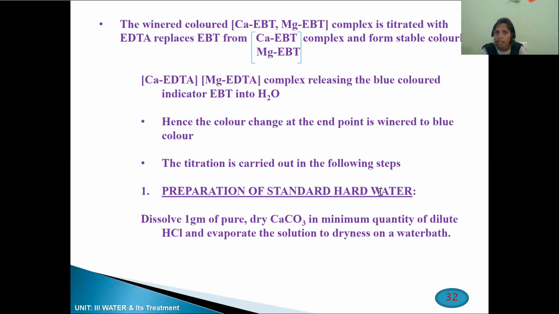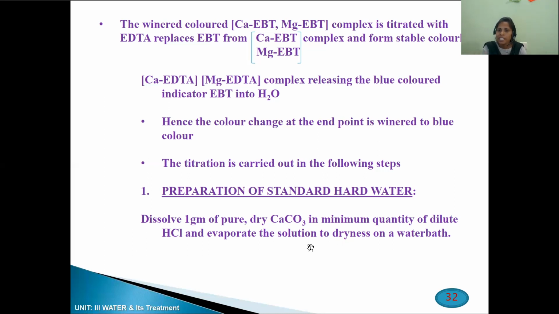To prepare the standard hard water, we can use either calcium containing compounds or magnesium containing compounds, because these two are hardness causing agents. Here we are preparing the standard hard water using calcium carbonate. Initially dissolve 1 gram of pure dry calcium carbonate in a minimum quantity of dilute HCl, and evaporate the solution to dryness on the water bath.